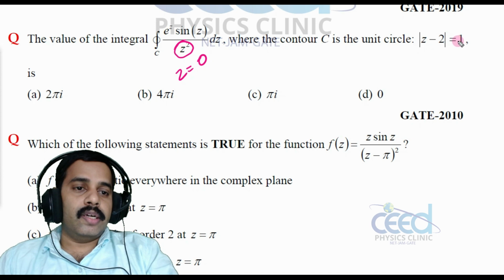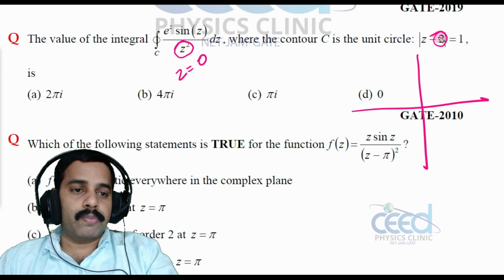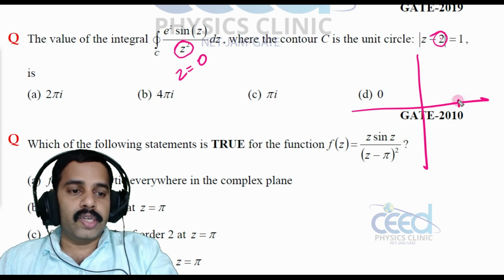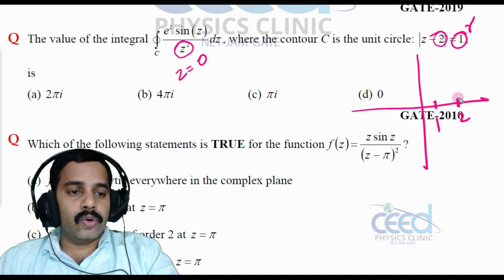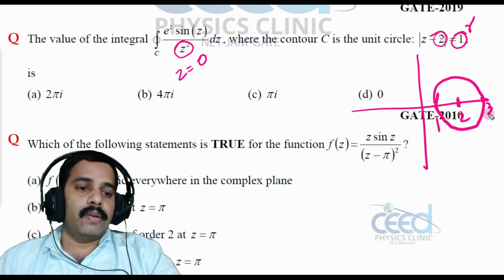Now let us draw the domain, and the center is (2, 0). Suppose here it is 2 and here it is 1 and the radius is 1. So we can draw a circle centered at 2 with radius 1. So this will be the circle, and here it is 3.